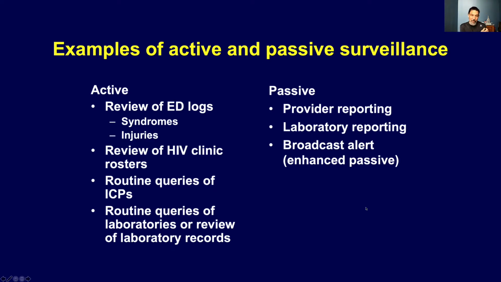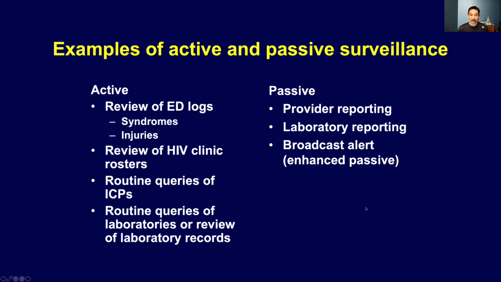Sometimes you'll see, as we've been seeing a fair bit with the SARS-CoV-2 pandemic here in New York City and also with measles, when there are cases occurring, you might see the health department put out a broadcast alert that is basically informing people what's going on, usually providers, with regard to a particular health outcome, and maybe reminding them or asking them to report new information or to take extra care to look for all of the cases in their practice and report them.